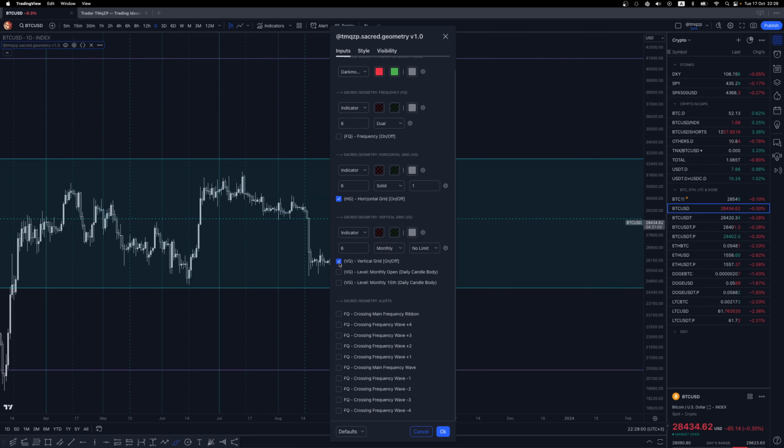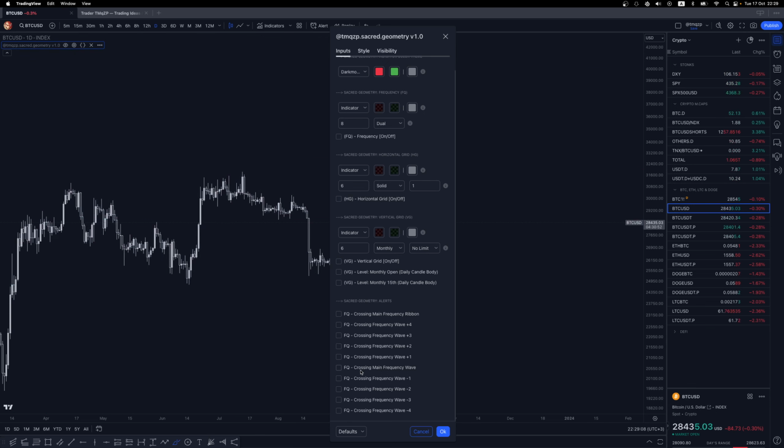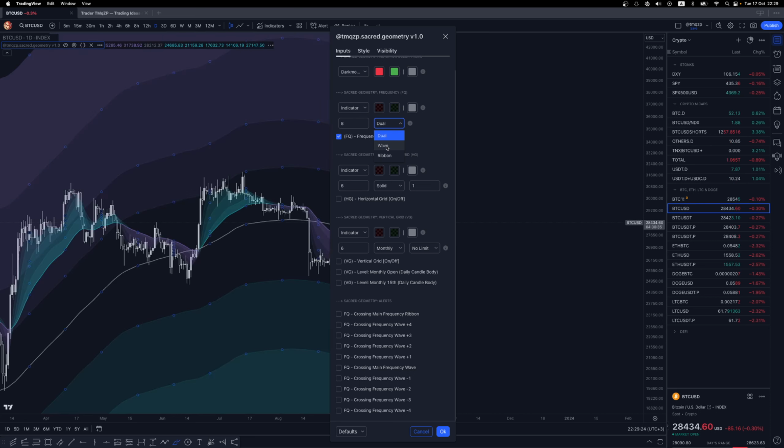Just as a final note, I've created some alerts here at the bottom, which are exclusively for the frequency waves and the ribbon. As I said, the vertical and the horizontal grid, I don't feel that it's needed because you can just do it manually with your own lines. But if you turn on the wave, then you have all the waves here.